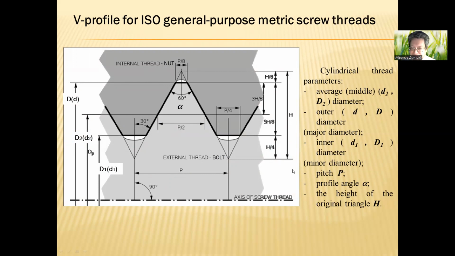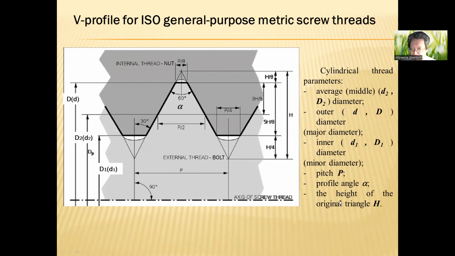Another parameter is the pitch, big P, the distance between two peaks. Profile angle, alpha: for the metric thread, alpha is equal to 60 degrees.